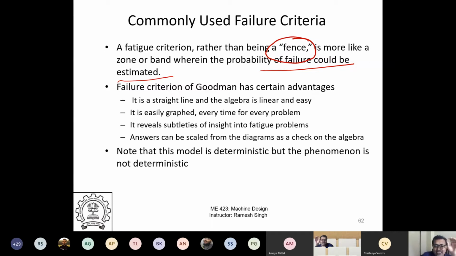So you should not understand that this answer is unique, because you already have like 3-4 criteria, and each criterion will give you some different answer. But the question is that when you take into account all the things, you have covered your bases, and you can be sure with a certain degree of confidence that failure will not occur within this. So it's still not a very deterministic way.